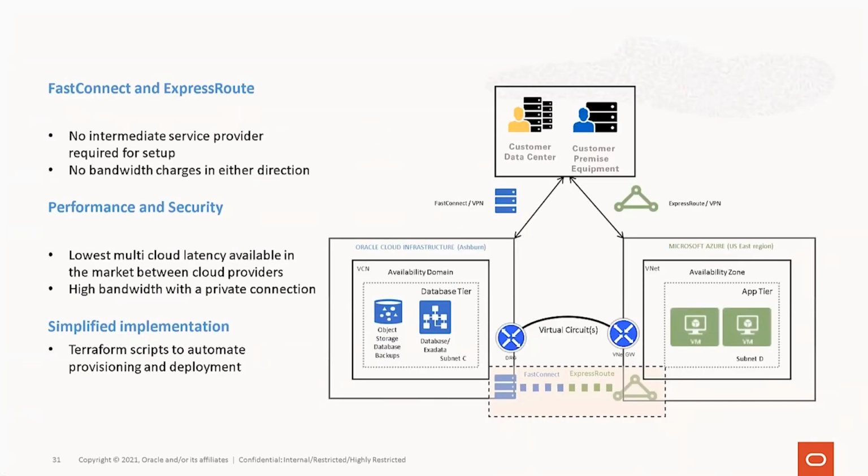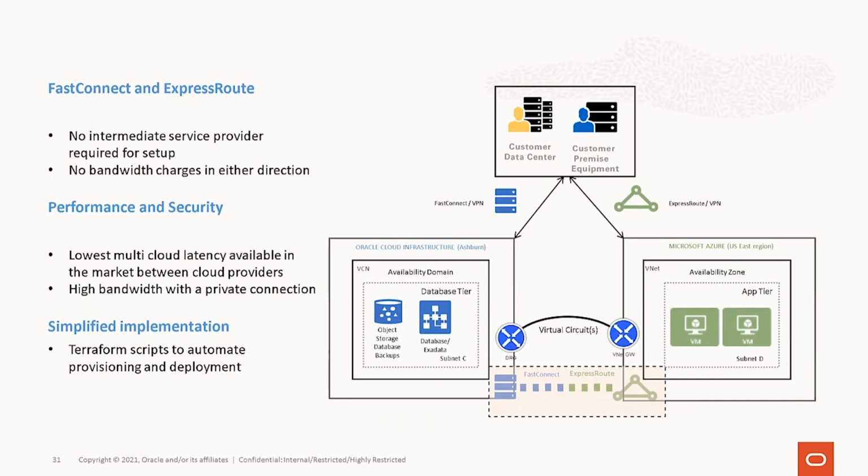OCI has been designed from the root with multi-cloud in mind. A perfect example of this mindset is our agreement with Microsoft Azure. Basically, in locations where we share co-location, we implement a direct connection between both clouds. In that way, we can provide really low latencies and we can avoid charges per data transfer.